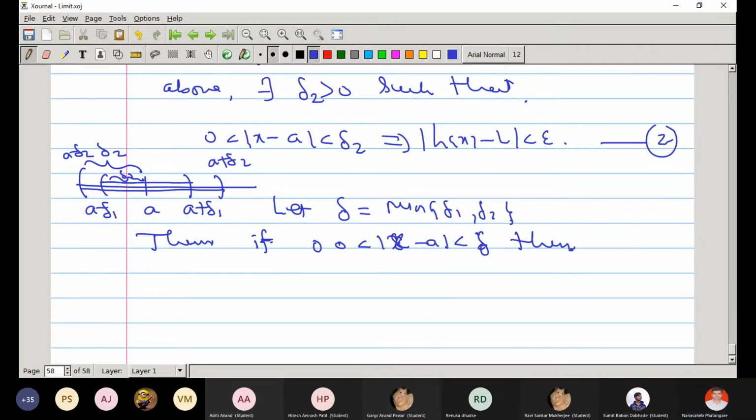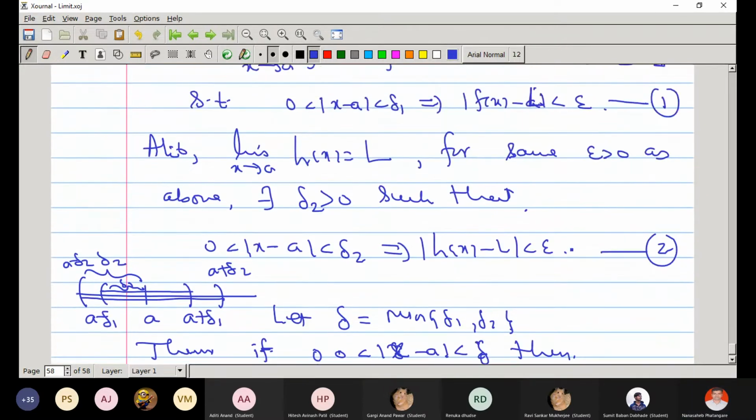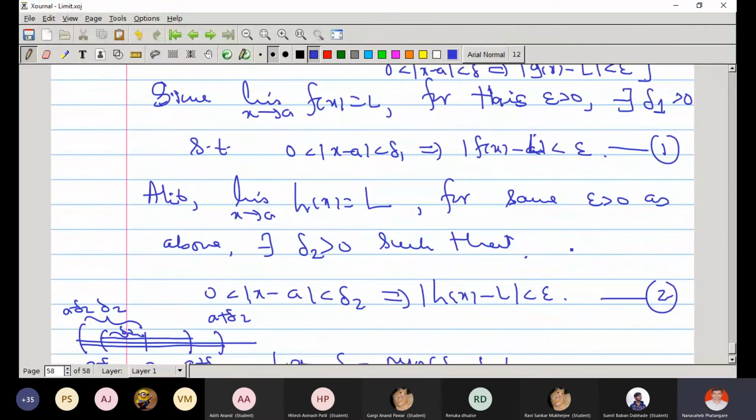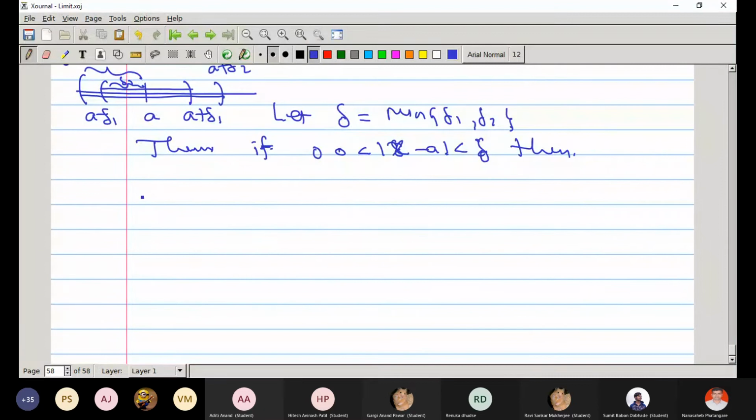Then the distance of f(x) from L is less than epsilon, and the distance of h(x) from L is also less than epsilon. Right, because it is the minimum, both things are true.